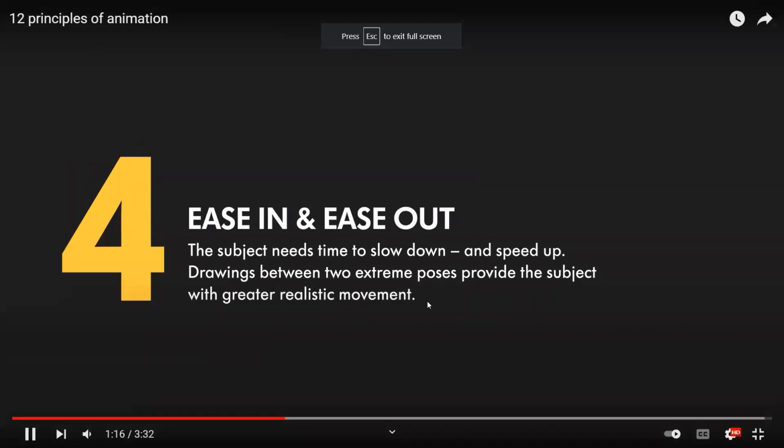So this is for realistic movement. There are two things. One is pose to pose animation, another is progressive, I can say. You'll get to know that the subject or the object needs to timely slow down and speed up. Settling, we can create settling for this.